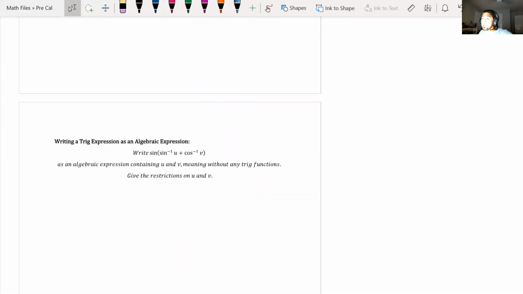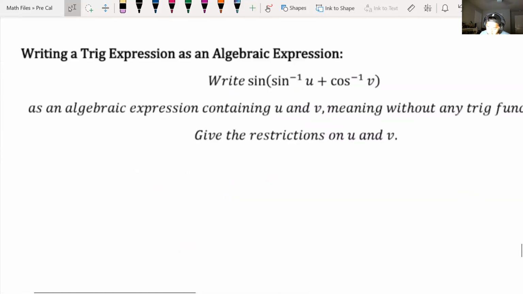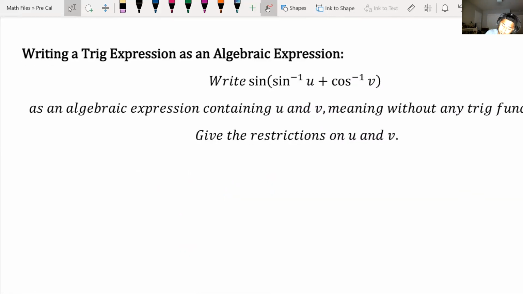Okay, so here we're going to write an algebraic expression in terms of u and v. This is basically doing what we just did on the last two problems, except now there's no numbers involved, just letters. So let's do it. Here we want to find sine of the inverse sine of u plus inverse cosine of v.